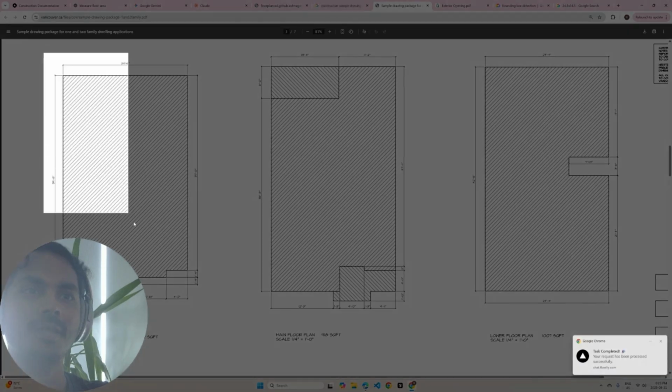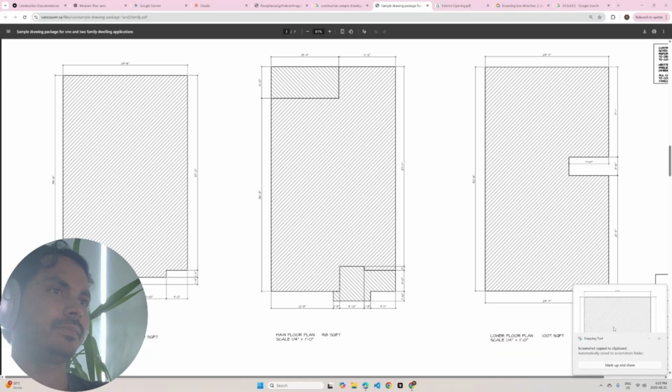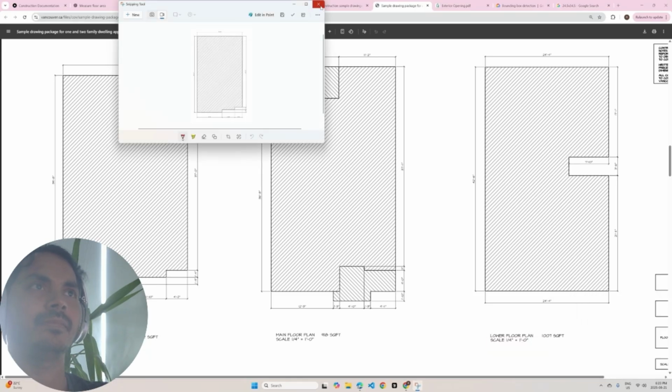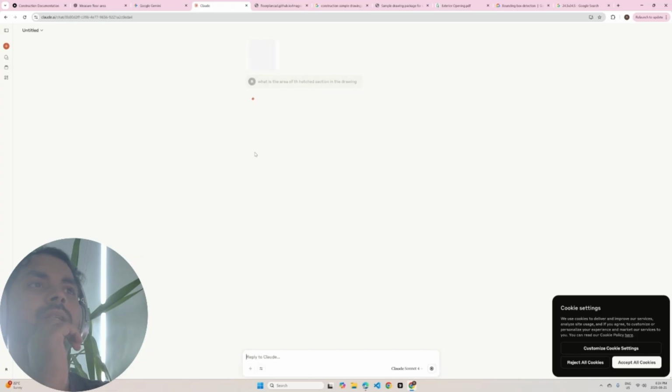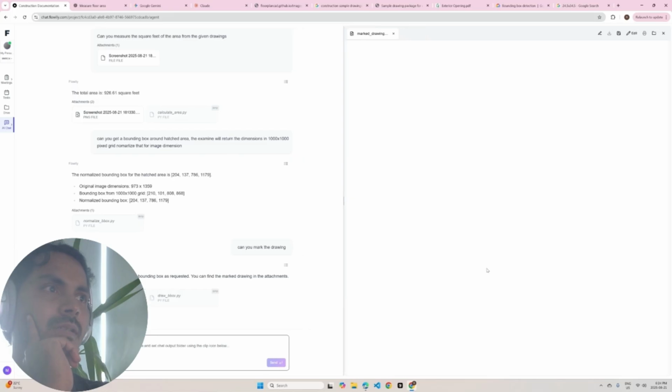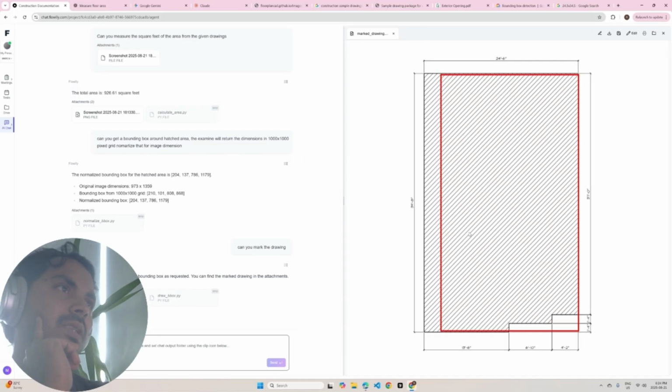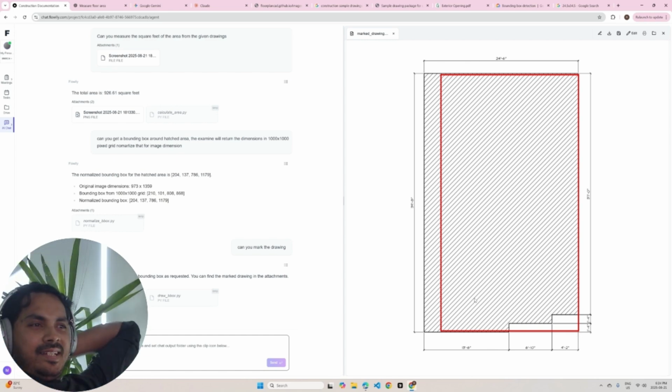We'll take this and then ask it, what is the area of the hashed section in the drawing? Okay, let's see what it does. I think this one is done. Okay, so it got this side correctly, but this side it didn't mark correctly.